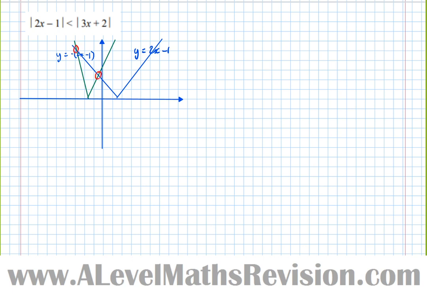And labeling it y equals 3x plus 2, y equals minus 3x plus 2. The positive and negative versions of the graph.